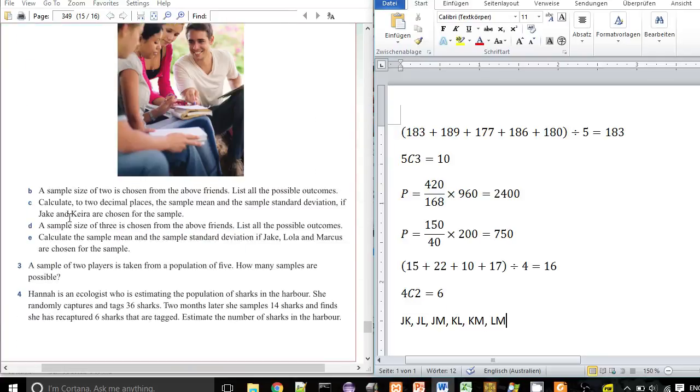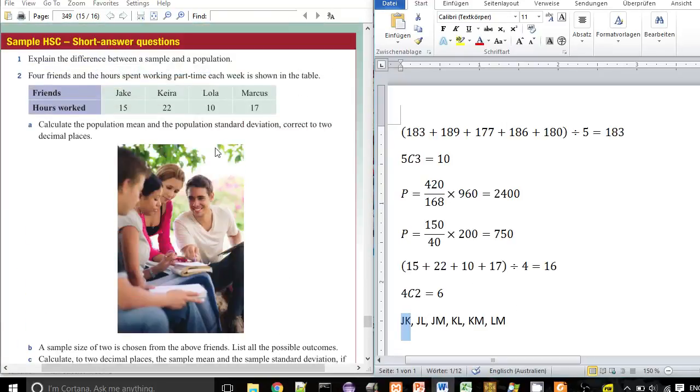Let's see. The sample mean. Okay, Jake and Kira. I don't even know what the standard deviation is when you have 2 people. But the mean is going to be in the middle.